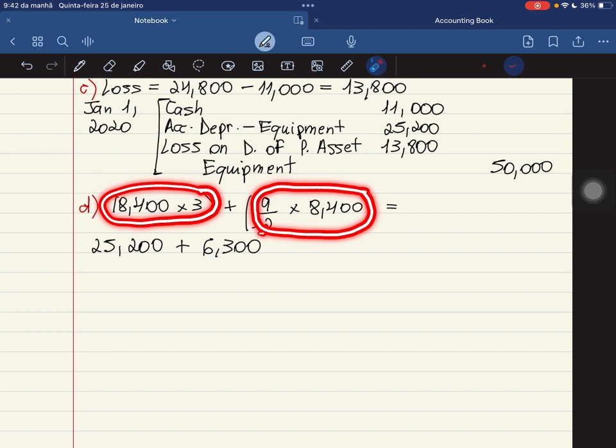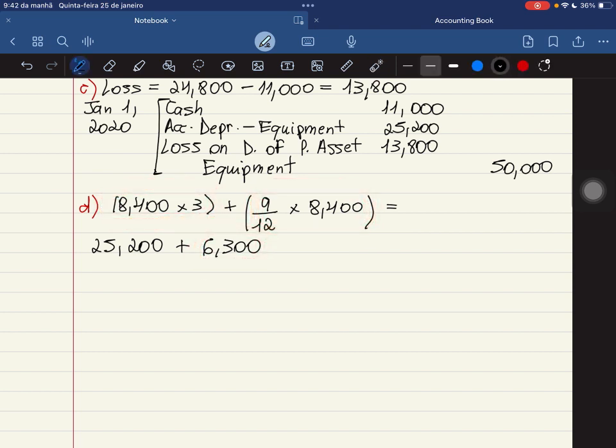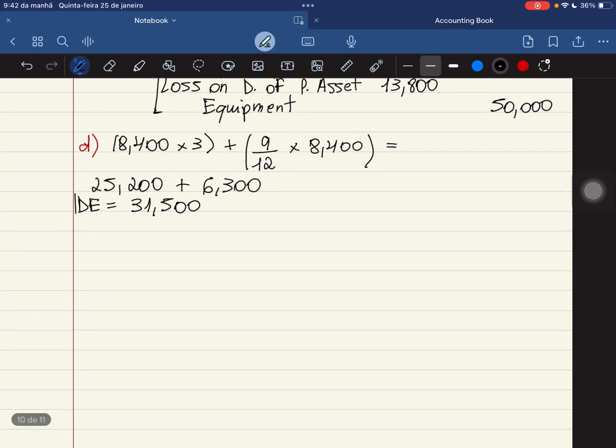So our first entry is going to have this number over here. Okay, let's see how much our full depreciation expense was. It was 31,500. Okay. What about book value? Original cost minus this accumulated depreciation.